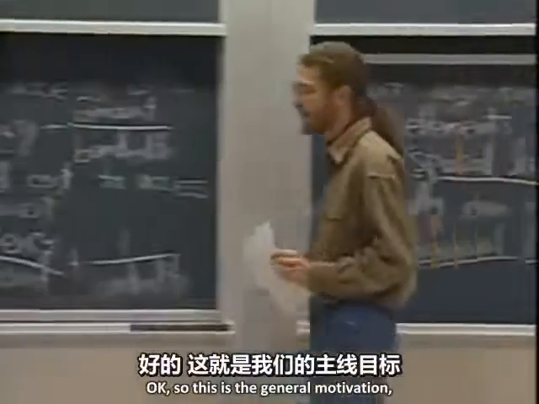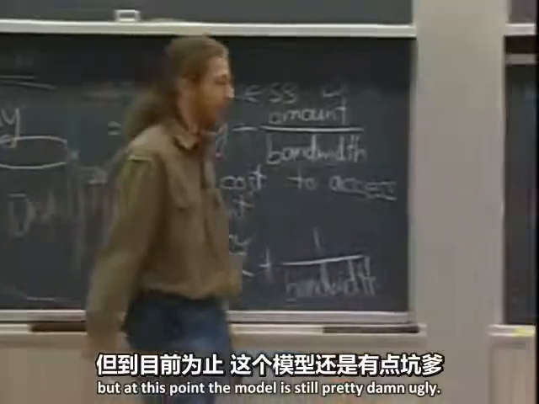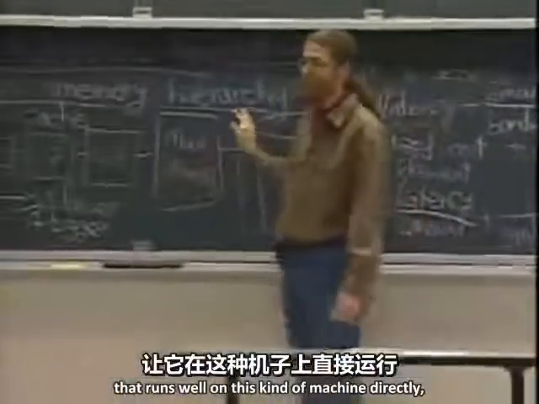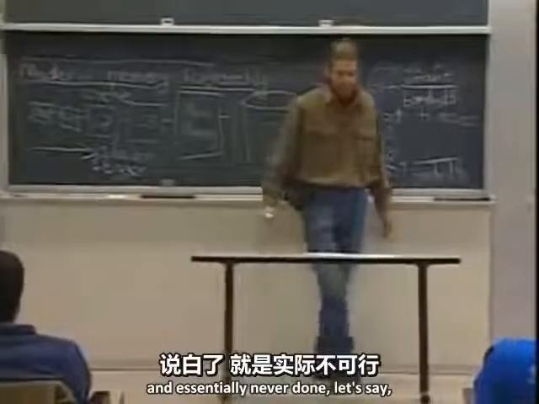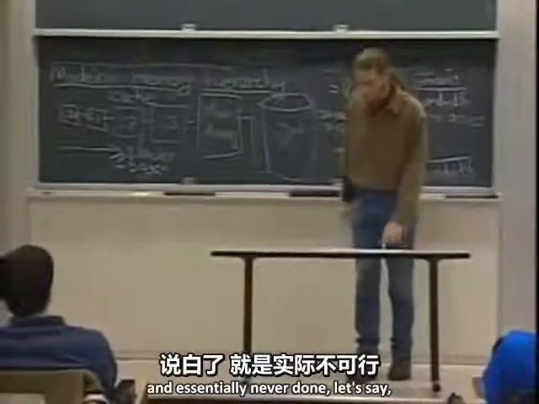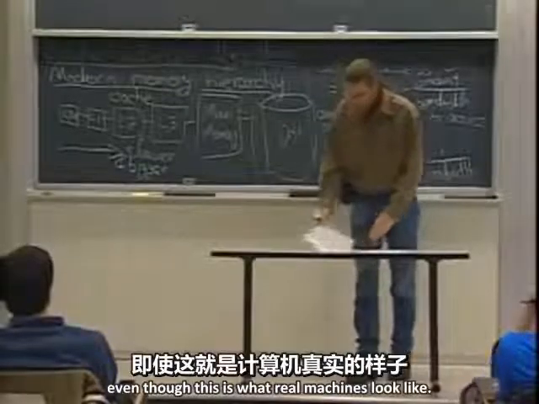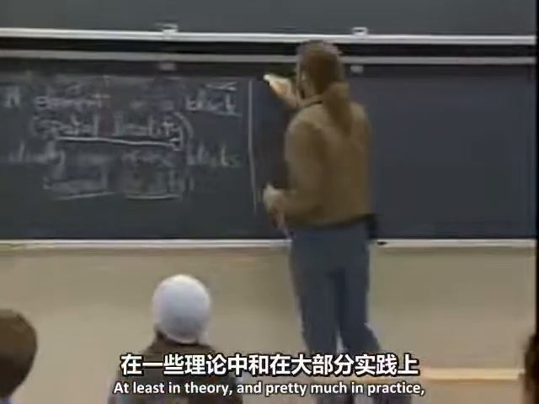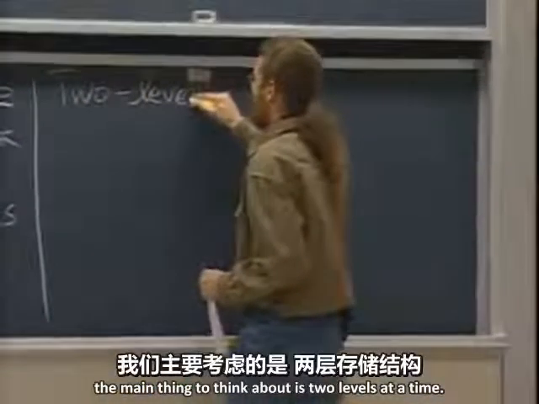Okay, so this is the general motivation, but at this point the model is still pretty ugly. If you wanted to design an algorithm that runs well on this kind of machine directly, it's possible but pretty difficult and essentially never done, let's say. Even though this is what real machines look like. At least in theory and pretty much in practice, the main thing to think about is 2 levels at a time.